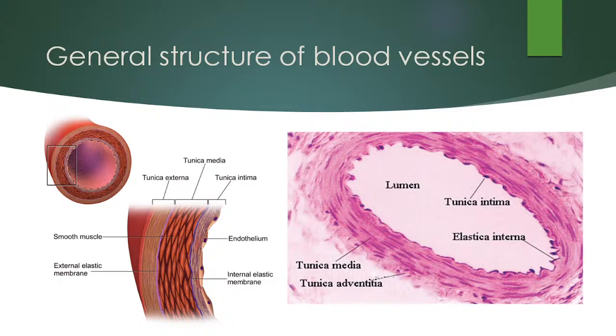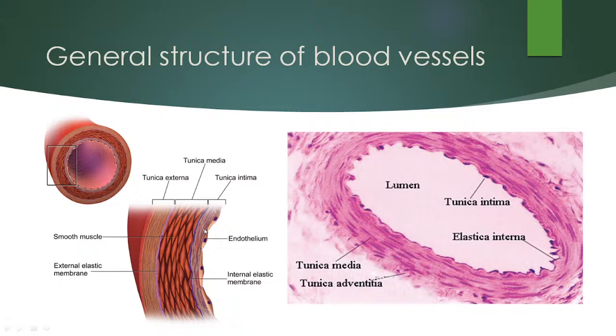Here you can see a scheme of the general structure and a histological microslide with artery structure. Look at the scheme. Tunica Intima consists of the endothelial layer, which is simple squamous epithelium.